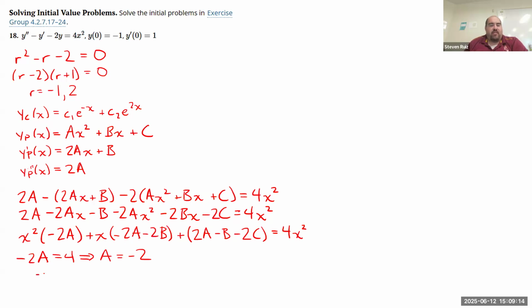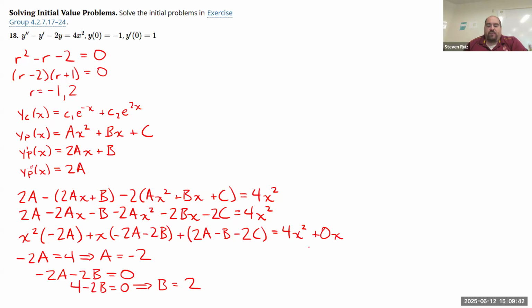It's negative 2a minus 2b. What's my coefficient of x on the right-hand side? Well, there is no x term, so we can say it's 0. So we know that a is negative 2. So that means 4 minus 2b equals 0. So b equals 2.